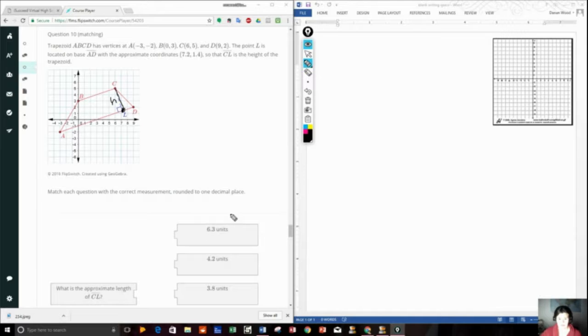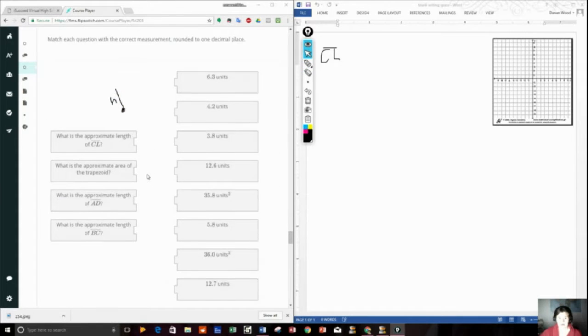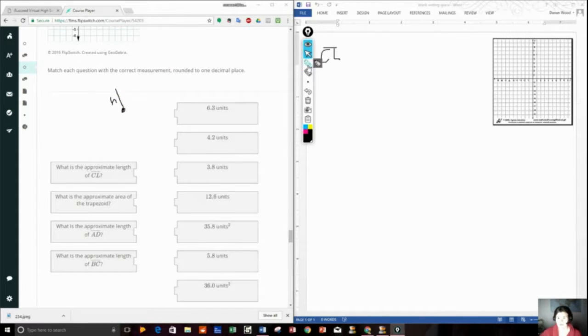All right, the approximate length of CL. So we want a length here for CL. They want the area of the trapezoid. We need a couple of pieces of information, and I wrote it A with trap in tiny script just so I know that it's the area of the trapezoid.